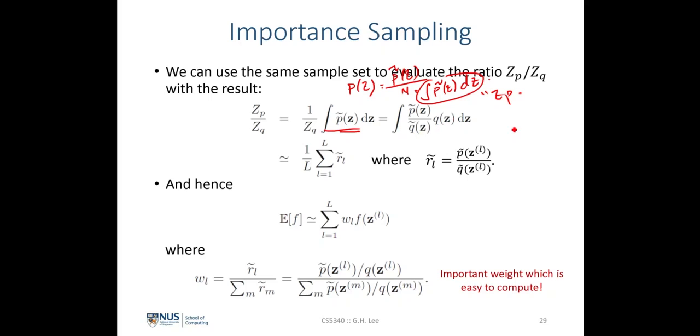The next thing that we can do would be to replace Z_Q over here with Q and Q tilde, since we know Q(Z) equals Q tilde(Z) divided by Z_Q. We can simply rewrite Z_Q to be equal to Q tilde(Z) over Q(Z) and replace it into the integral equation over here, and then we'll end up with this particular form where we'll simply use the law of large numbers to approximate this integral sign with the summation sign over the function that we're interested in, which is this over here.